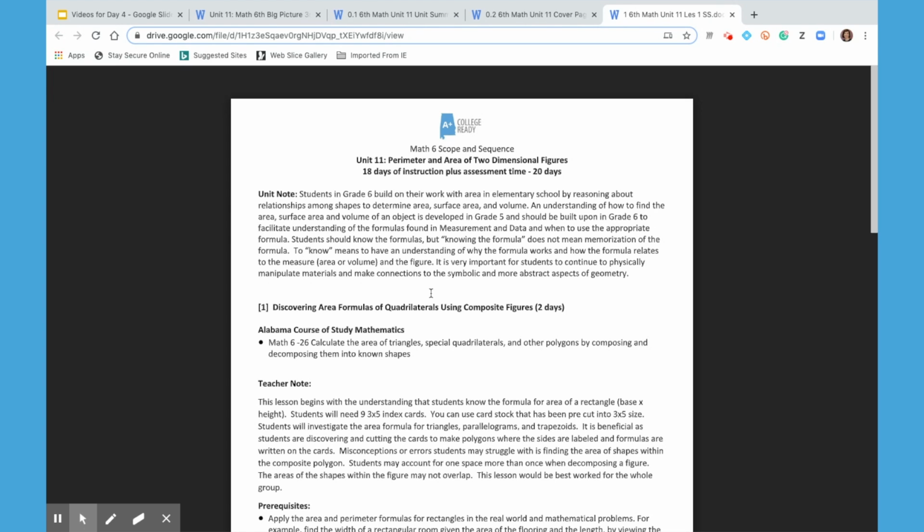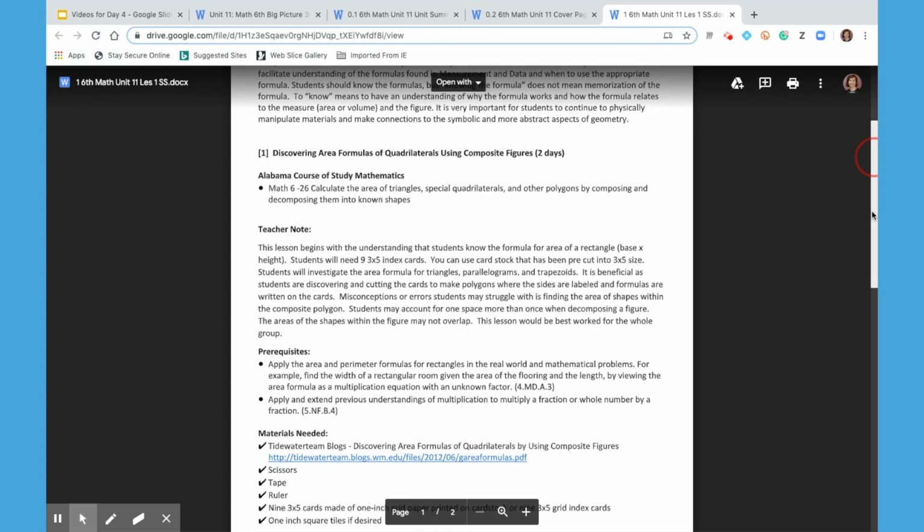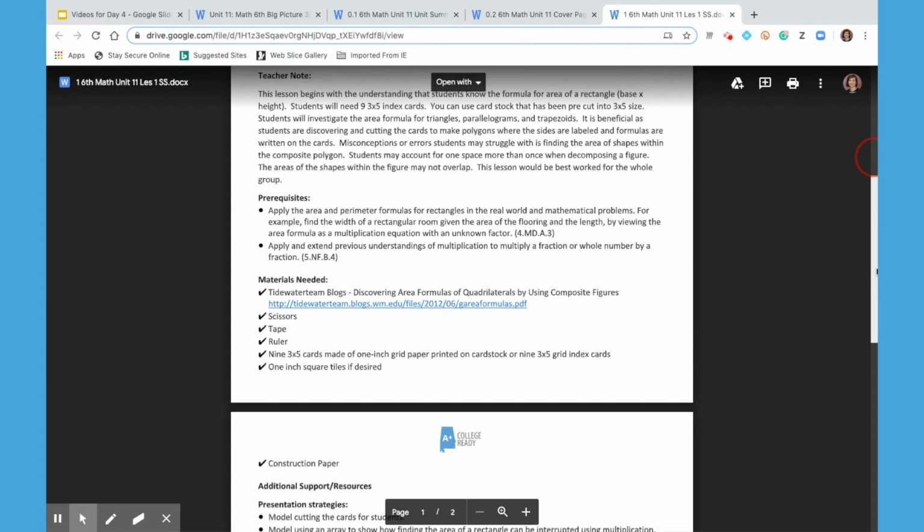It's very important for students to continue to physically manipulate materials and make connections to the symbolic and more abstract aspects of geometry. That's what they're going to be doing with this particular lesson, and you're going to be able to do it as we work through this lesson.